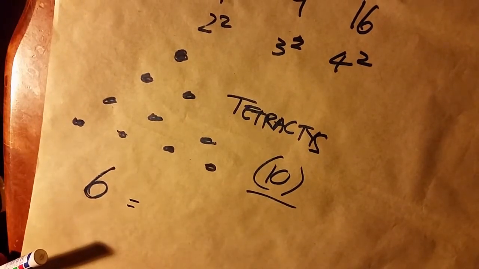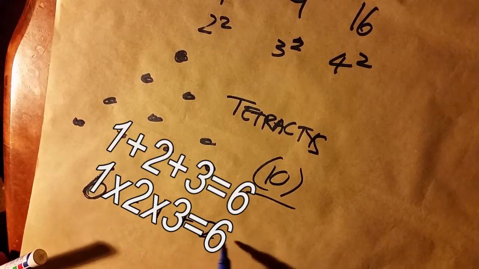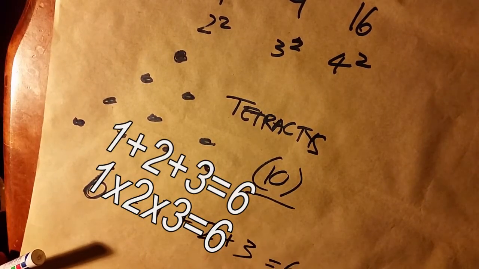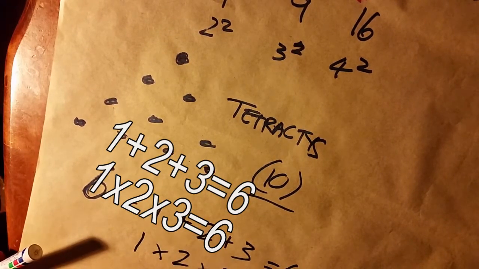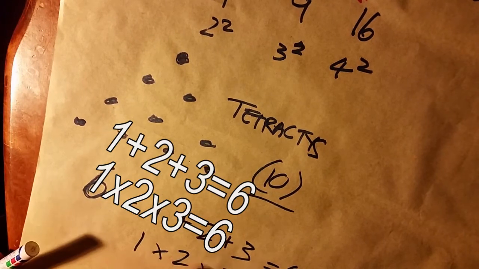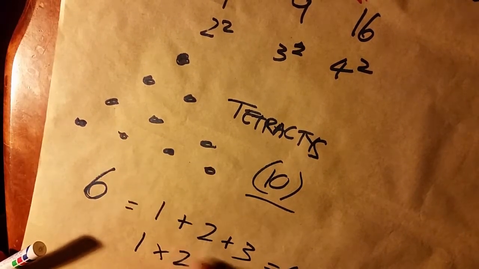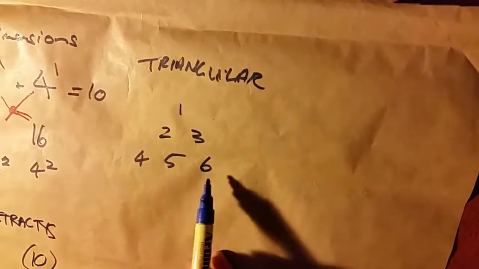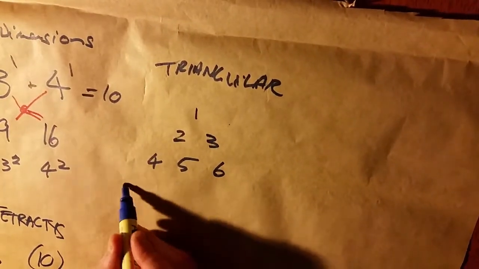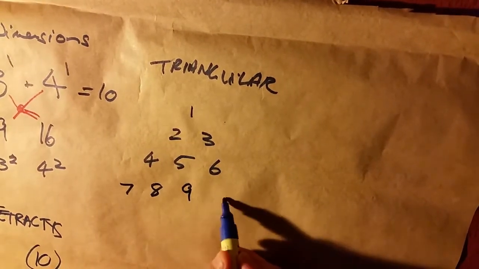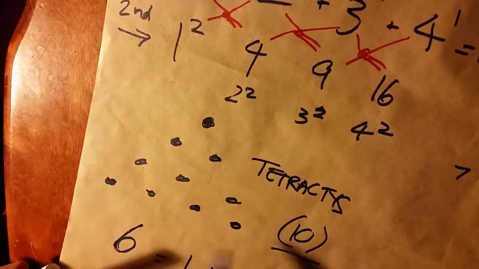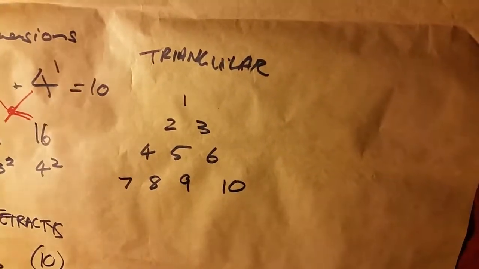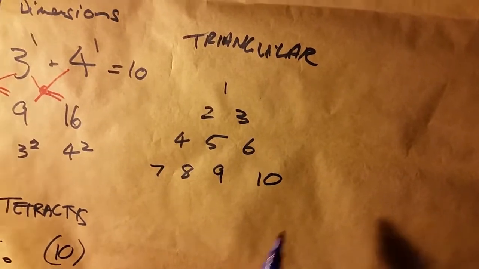Well, it's a perfect number in that 1 plus 2 plus 3 equals 6, a triangular number, but also 1 times 2 times 3 equals 6. This is super rare among the perfect numbers that come back to the triangular. So just like our 10 dots on the Tetractys, we've drawn them out with numbers.